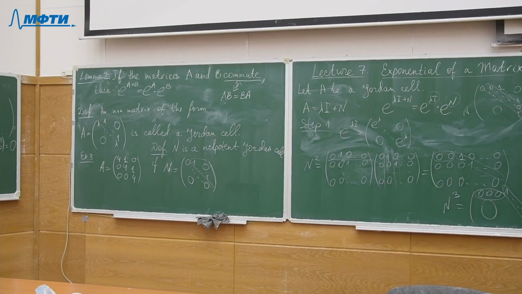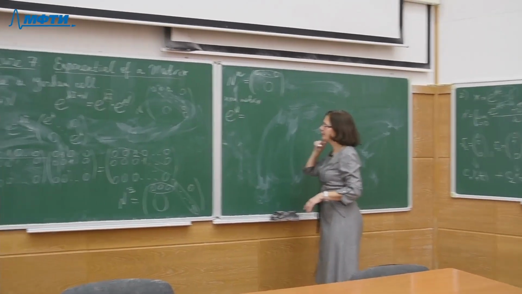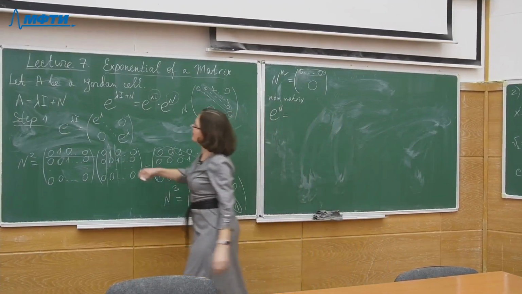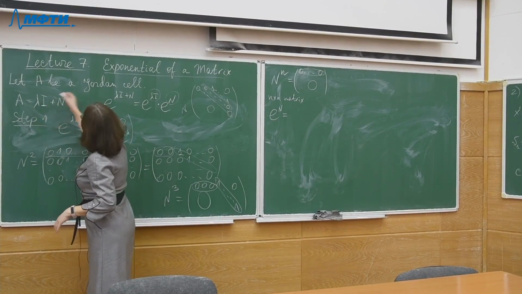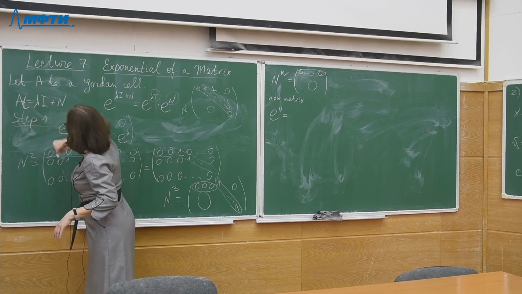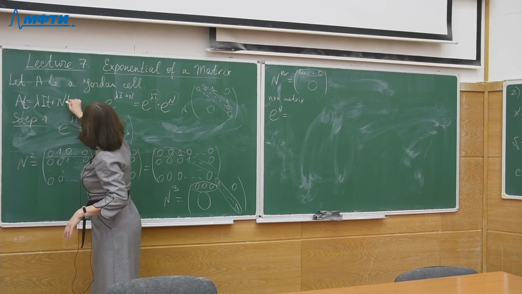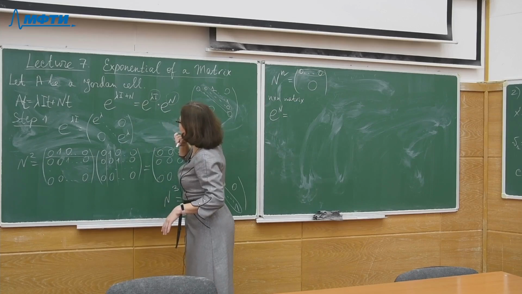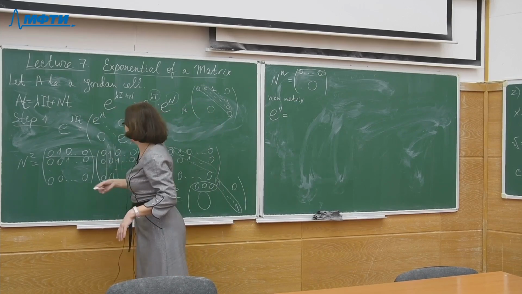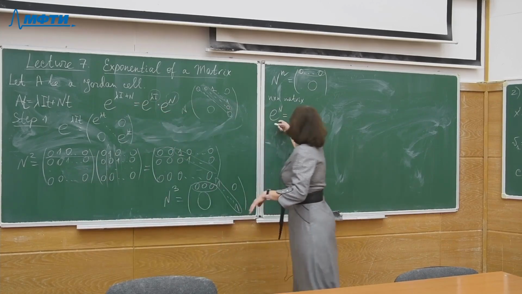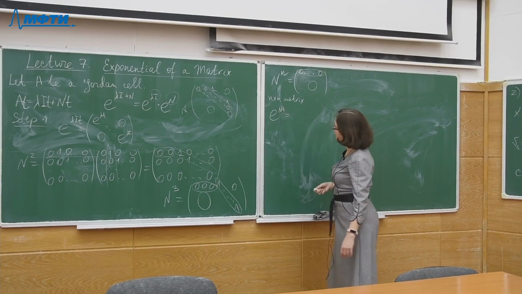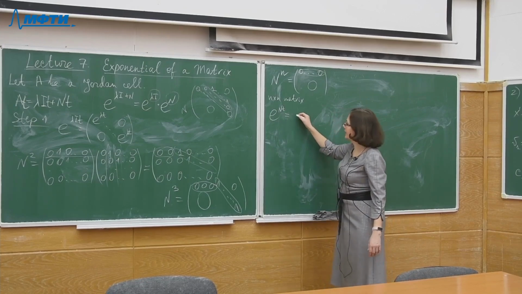Okay, what is e to the power n? Or maybe let's add t here. So a Jordan cell, let it be nt. Now what is it? So we start with the identity matrix.